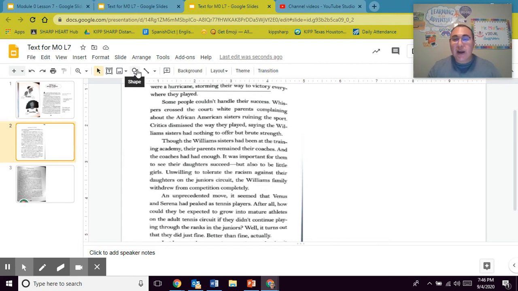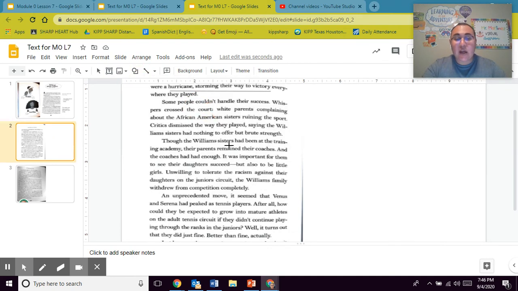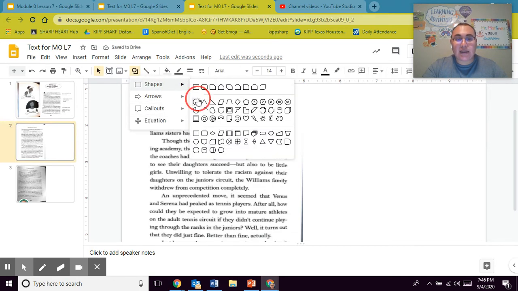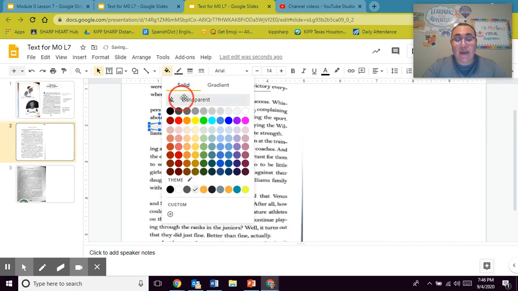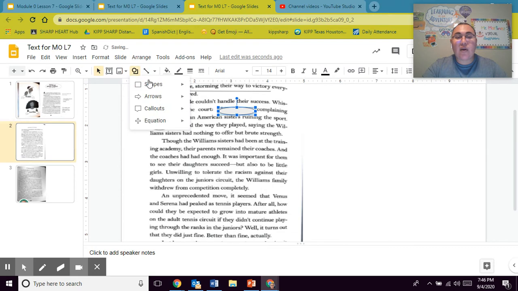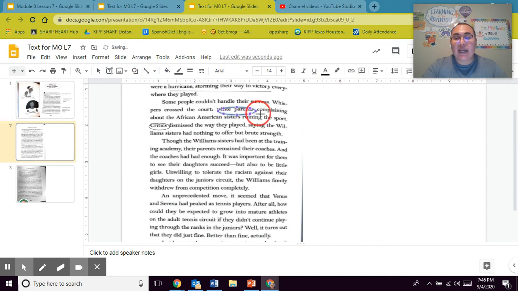So, who is this paragraph about? This paragraph is about parents, especially white parents, and the critics, which means people who write stories about them. And what are these people doing? They are complaining about them.